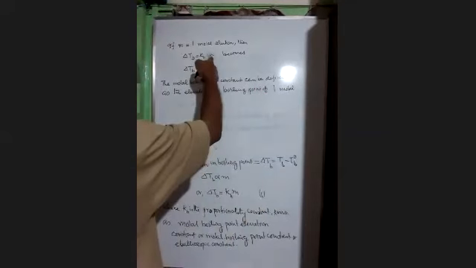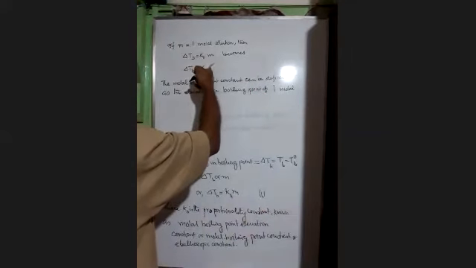See here, m is equal to 1, KB into 1 only, so I need not write 1.